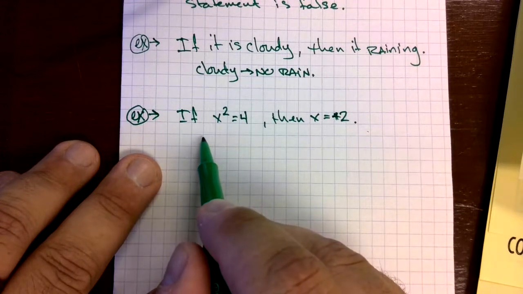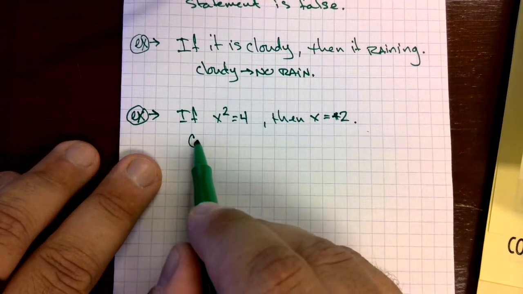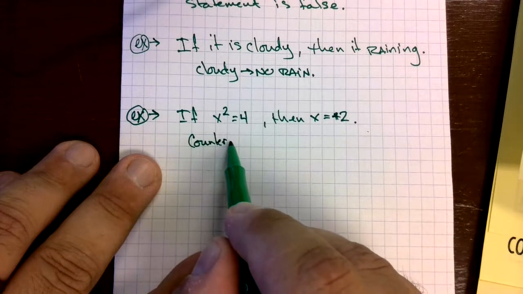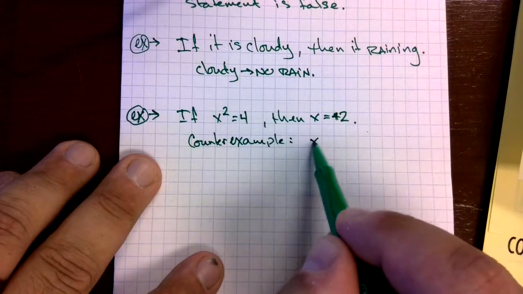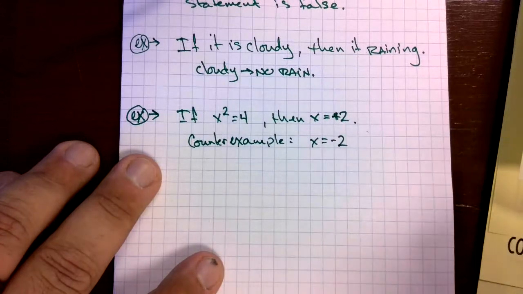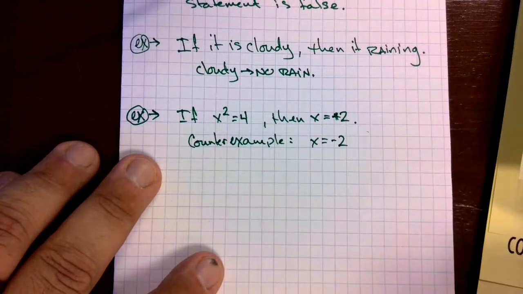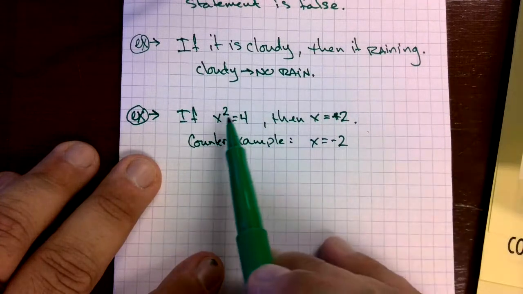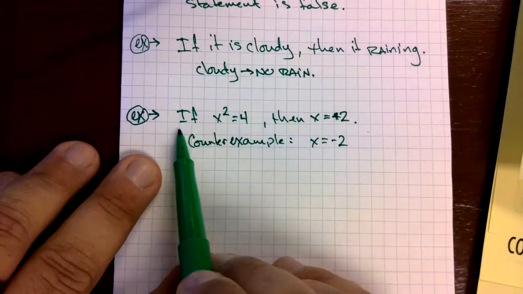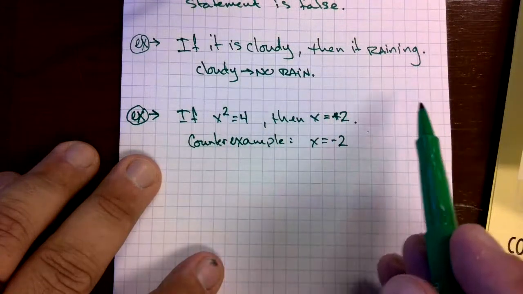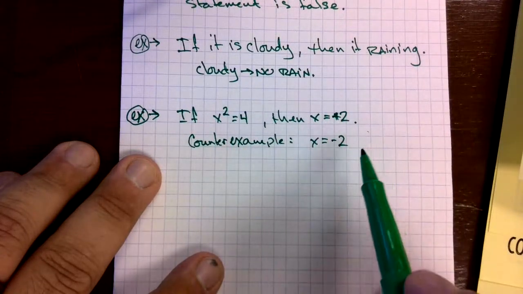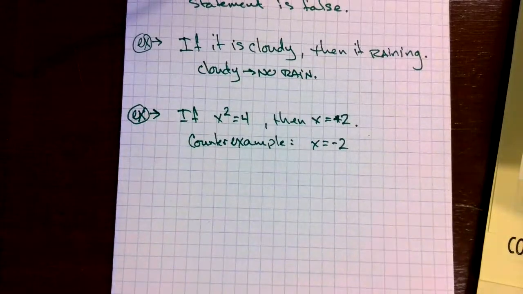But the counterexample of that is to say that x is equal to -2. So you have to list both of those when you're talking about something like this. So the statement will say, if x squared equals 4, then x equals 2. That's false. The counterexample is x equals -2. So all we're looking for is something that shows that a statement is false.